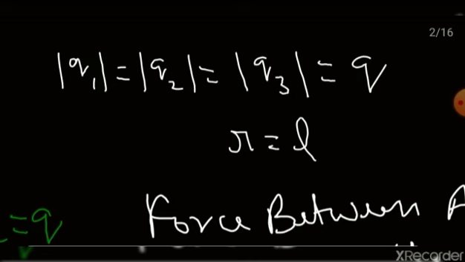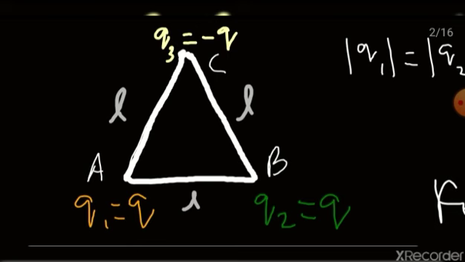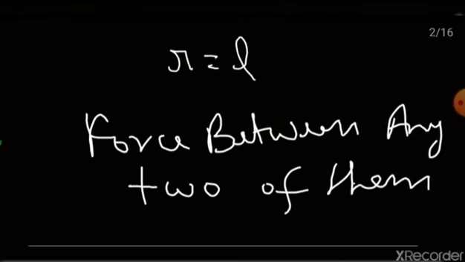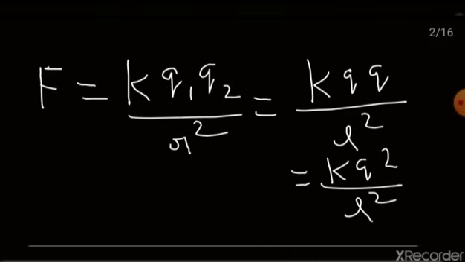What do we conclude from here? The force exerted by each charge on another charge is the same in magnitude. The forces on charge q3 due to q1 and q2 will be the same in magnitude, because for each pair the distance is the same and each pair has the same charge magnitude. Let's find this force between any two of the charges, and say the force is F. The formula is F equals k q1 q2 by r square.